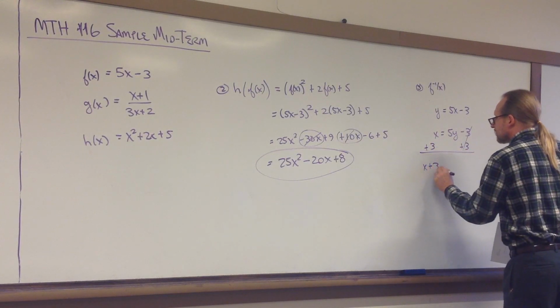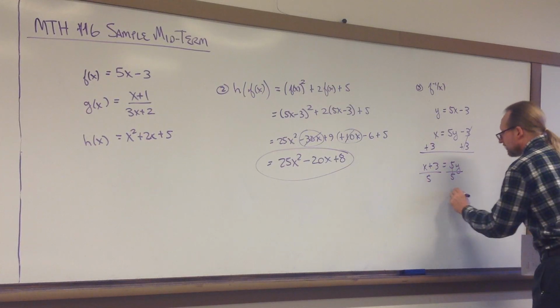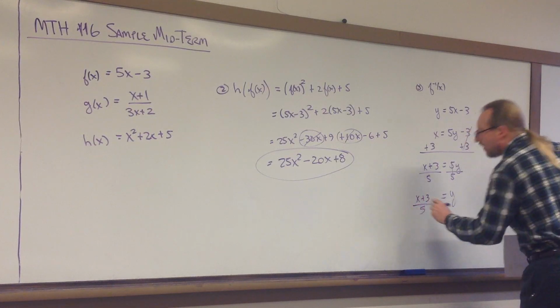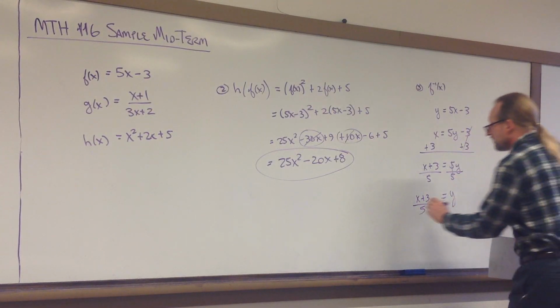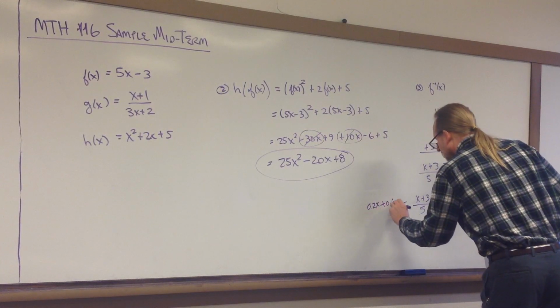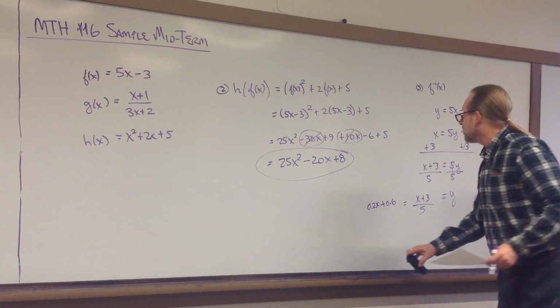So x plus 3 is 5y. Divide on both sides by 5. And y, you can leave it x plus 3 all over 5. You can split it into 2 pieces, make it decimals. There's lots of things you can do and still be correct. Okay? That's one of the great things about mathematics.